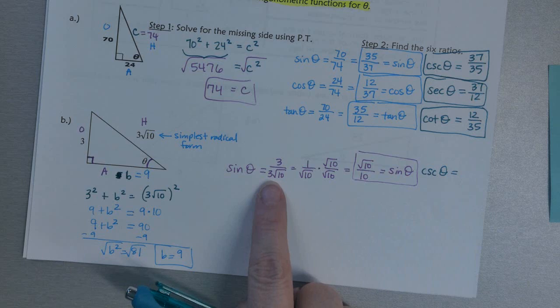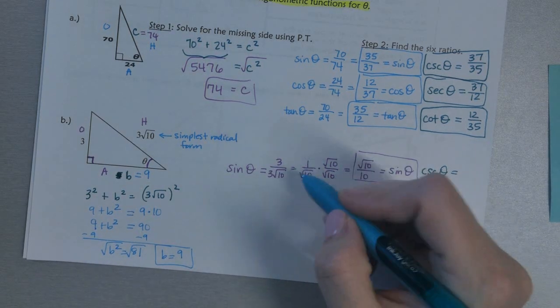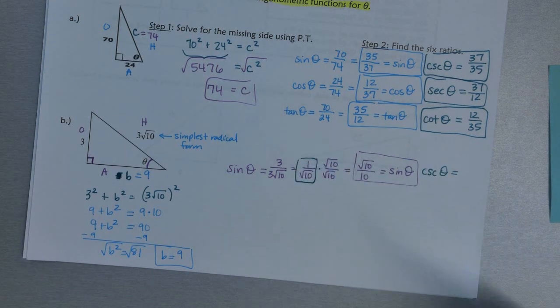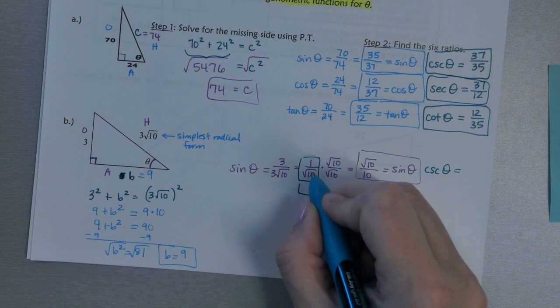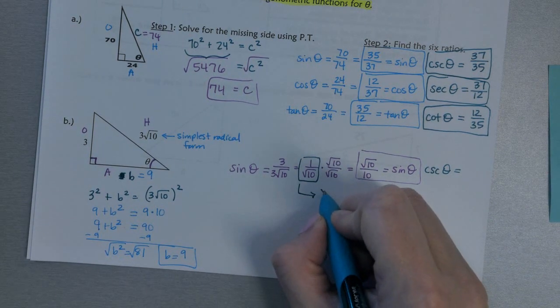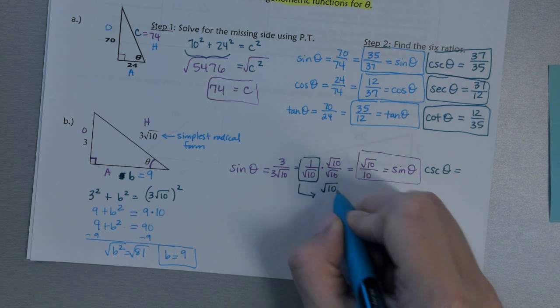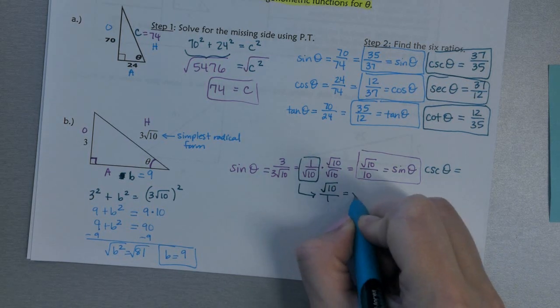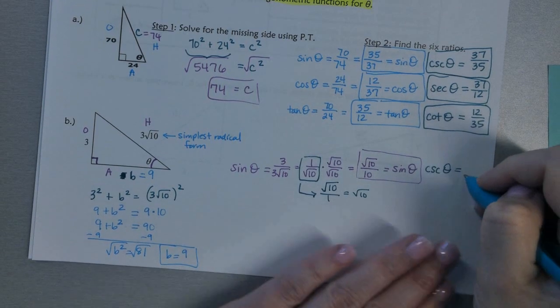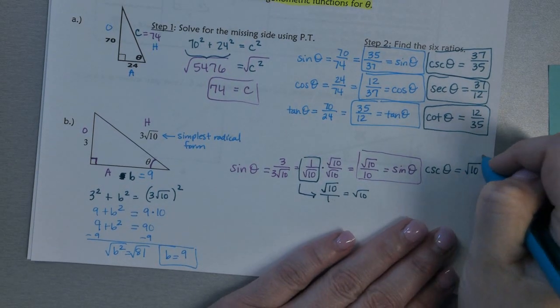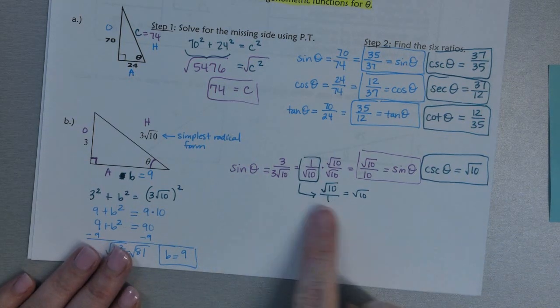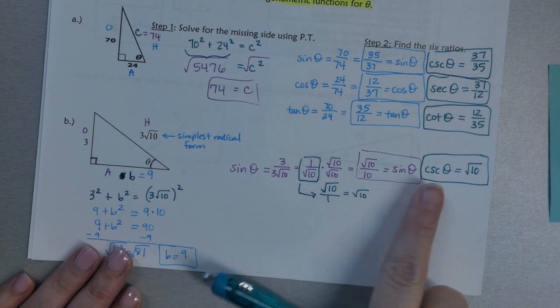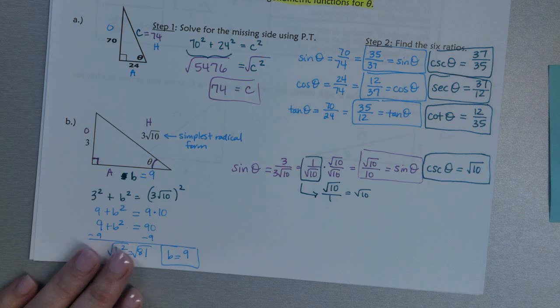If you were to take the simplified fraction and do the reciprocal, what's the reciprocal of 1 over root 10? Yeah, root 10 over 1, which is root 10. So when you have square roots, it's a lot easier to do the sine and then the reciprocal, the cosecant.